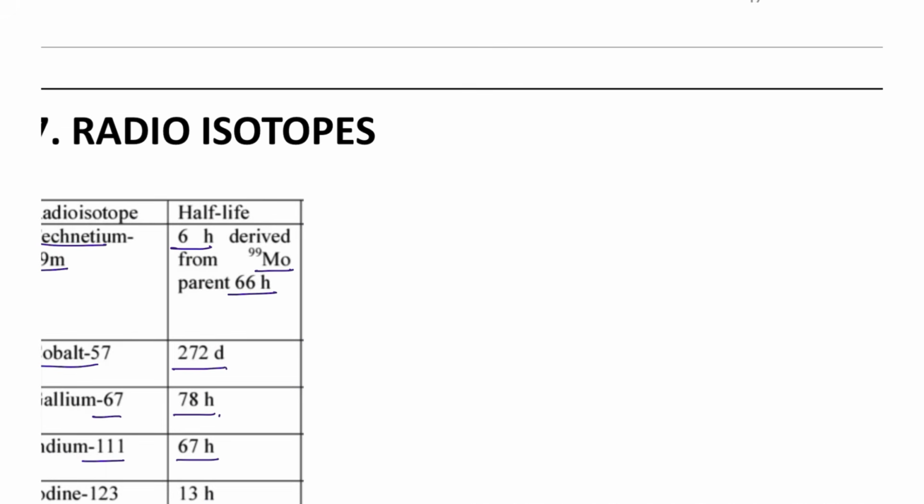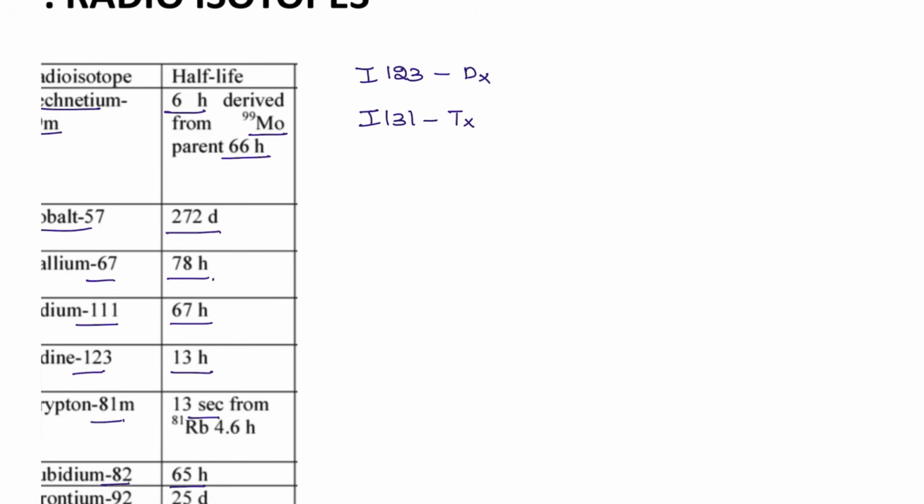And some of the nuclear medicine where we are going to use, for example, iodine 123 and iodine 131: iodine 131 is used for treatment, and iodine 123 is used for diagnostic purposes. Okay, next one, Sestamibi is used for the parathyroid.